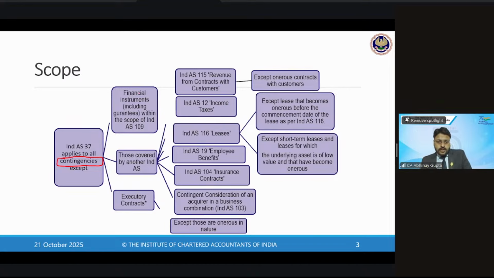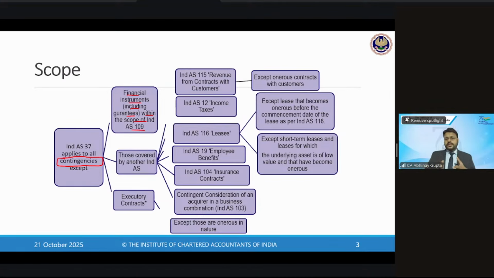Now, there are three exceptions. So, except certain contingencies, for example, financial instruments, including guarantees within the scope of Ind AS 109, right? So sometimes you must have heard that holding company is giving a financial guarantee to the banker on behalf of its subsidiary company who has taken a loan from the bank, right?